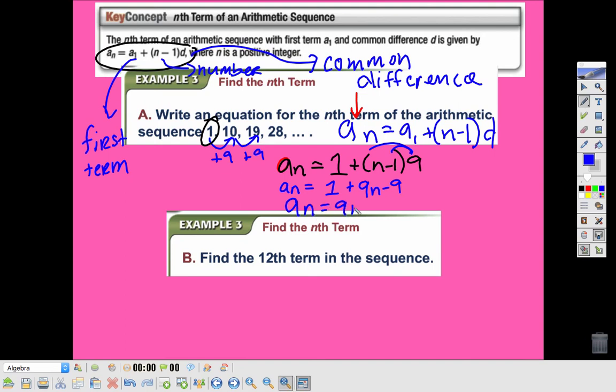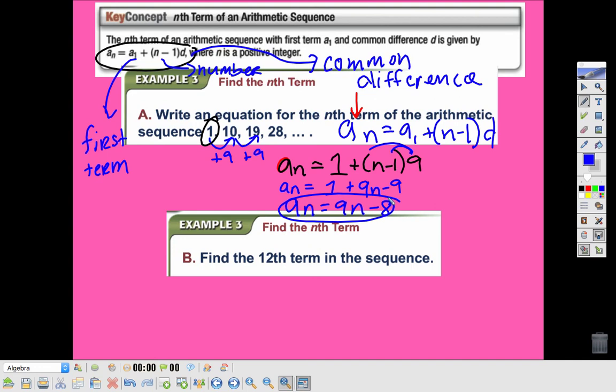Distribute 9n minus 9. So the formula is a sub n equals 9n minus 8. What's 1 minus 9? I'm just simplifying that. Yeah, you got to combine your like terms. You distribute and then combine your like terms.